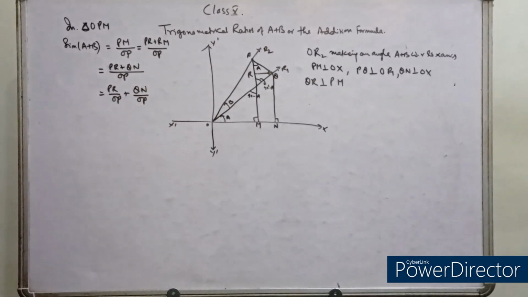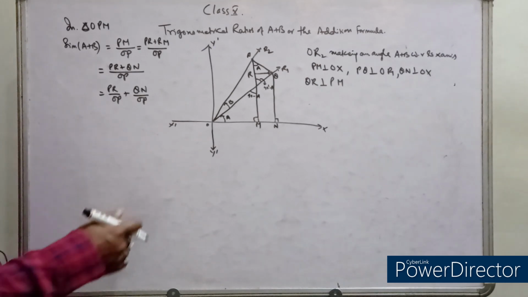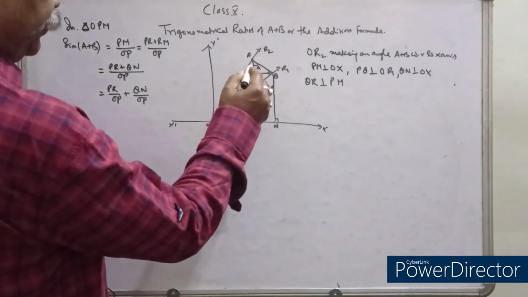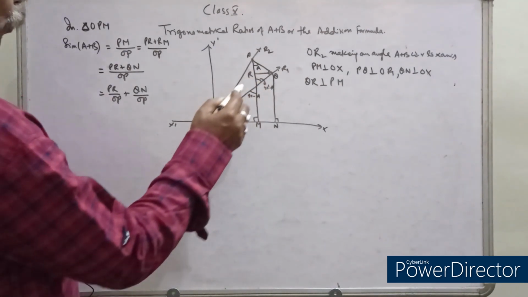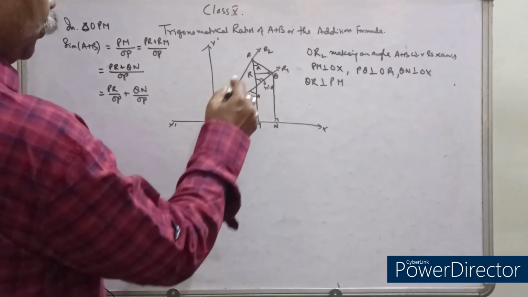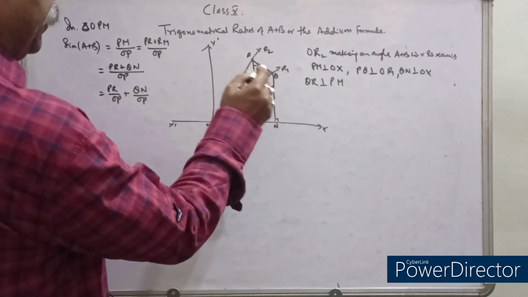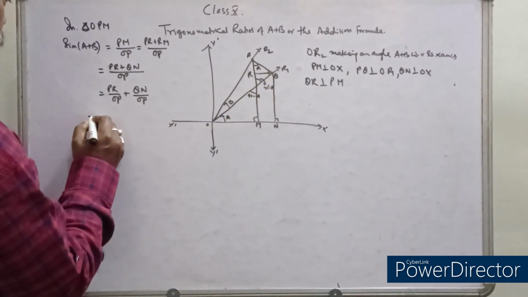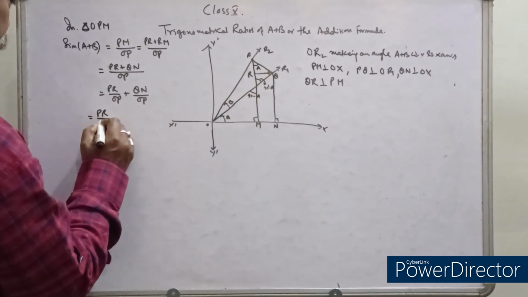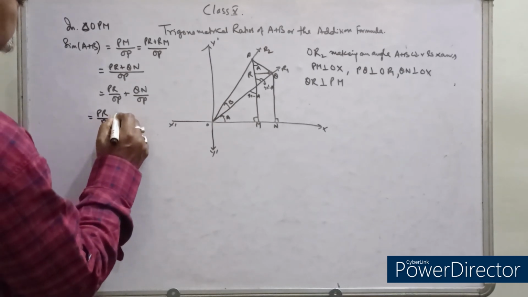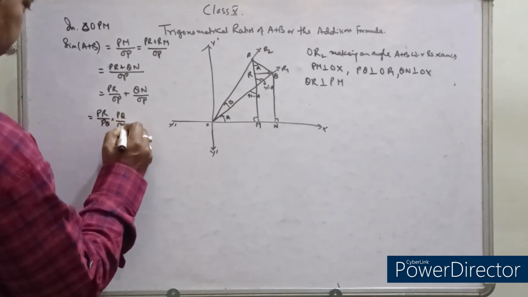Now a minor adjustment has to be done. Here see PR and OP. I will link it with PQ. So PR by PQ into PQ by OP.